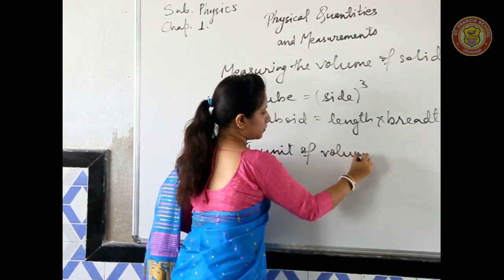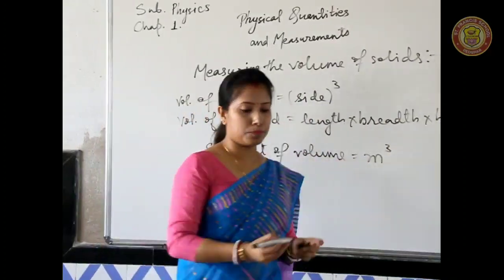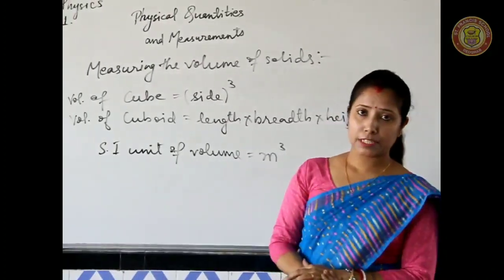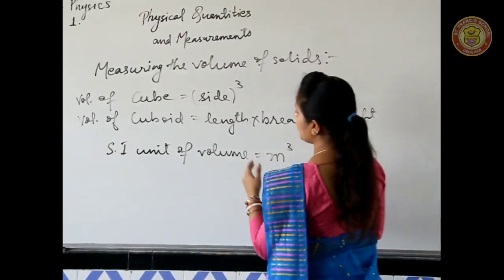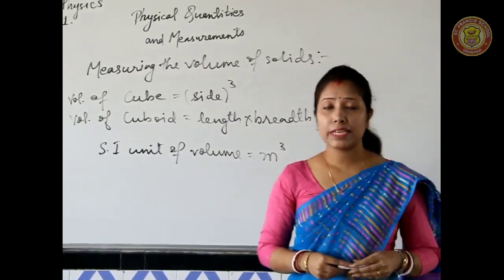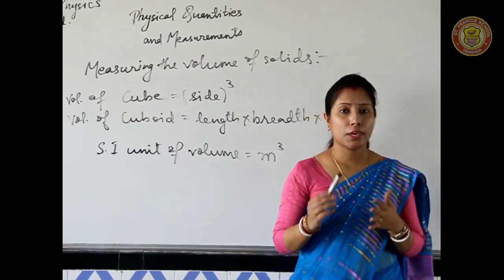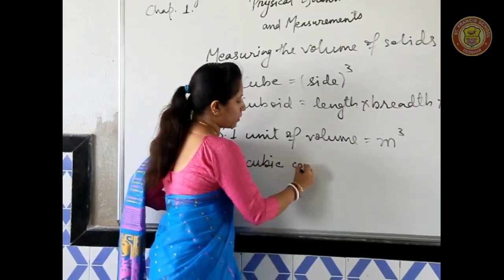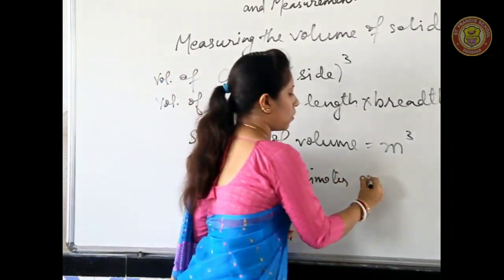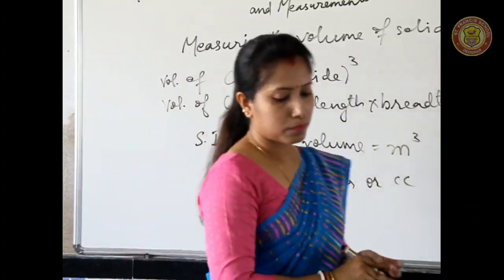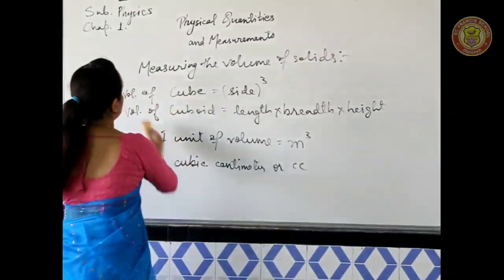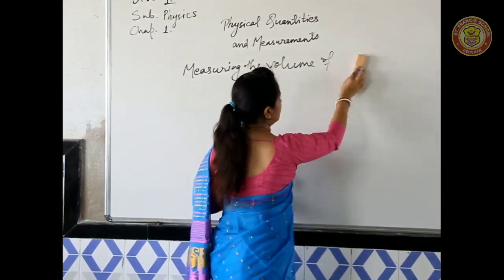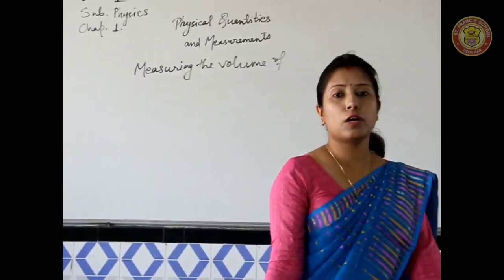The smaller unit of volume is centimeter cube, also known as cubic centimeter, or denoted as cc. So this was all about measuring the volume of solids.